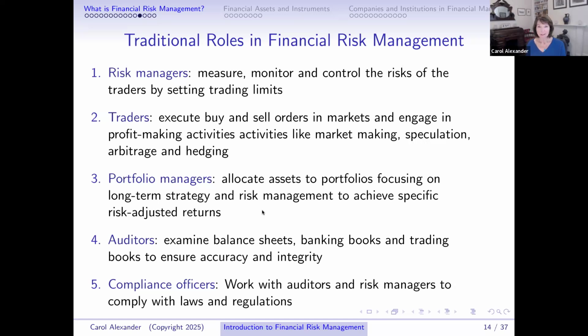So if you are studying accountancy, you'll know more about this, but not everybody in this module is, so I'm not going to be looking at auditors' roles. And compliance officers too, they work with the auditors and risk managers. They just make sure that everybody's complying with laws and regulations.